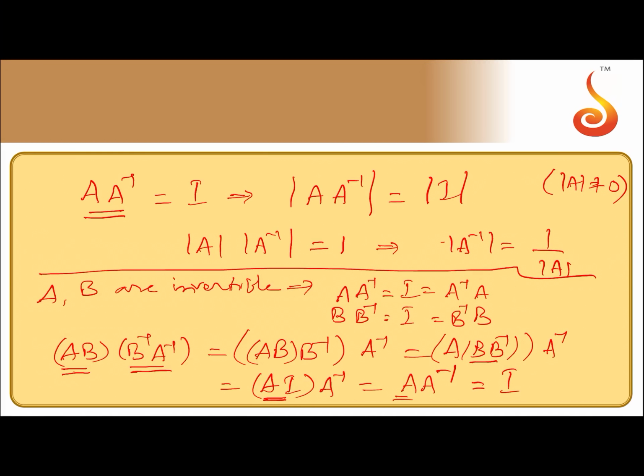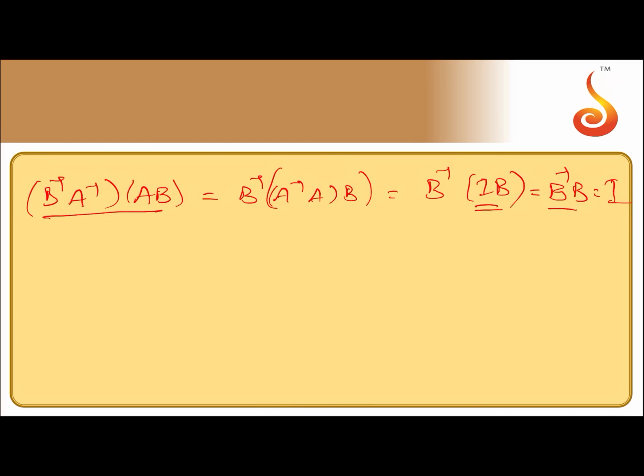So from this, AB multiplied by B inverse A inverse is I, and B inverse A inverse into AB is equal to I. So AB multiplied by B inverse A inverse is equal to B inverse A inverse multiplied by AB, which is equal to the unit matrix.